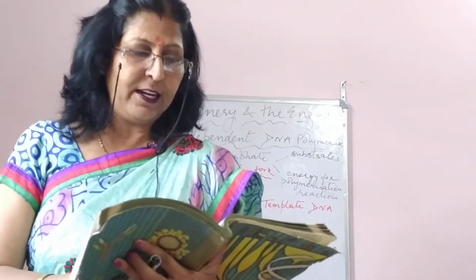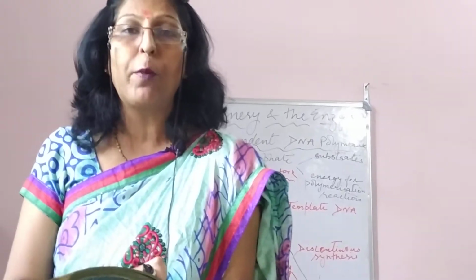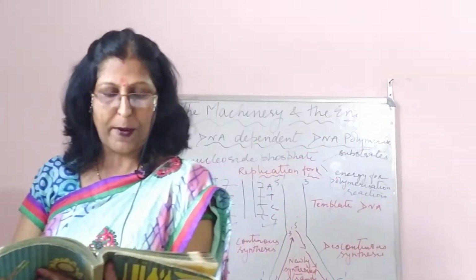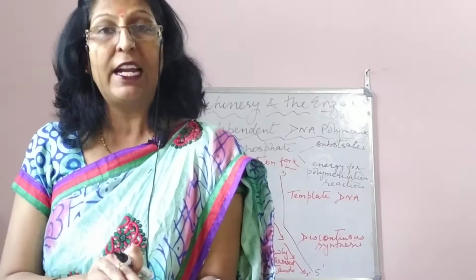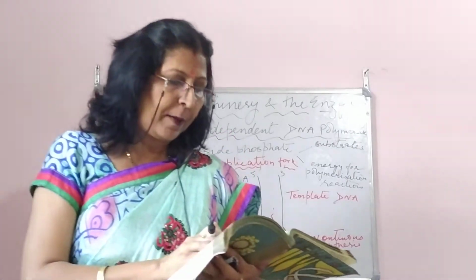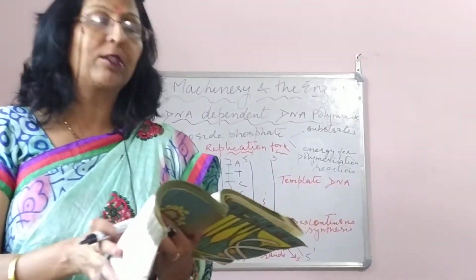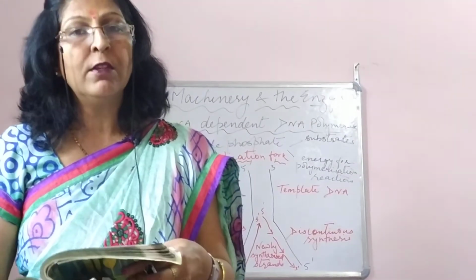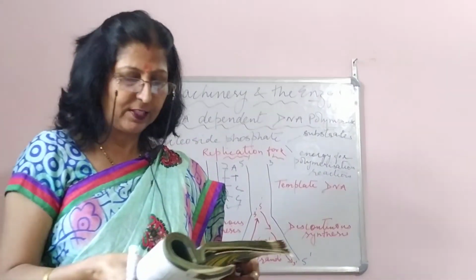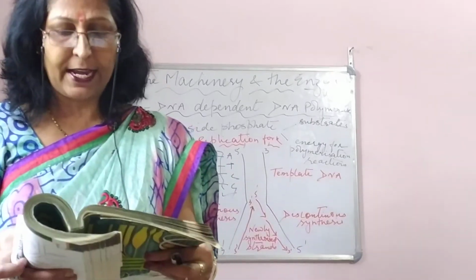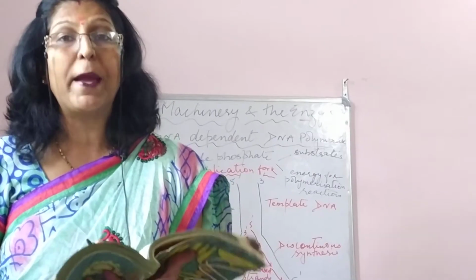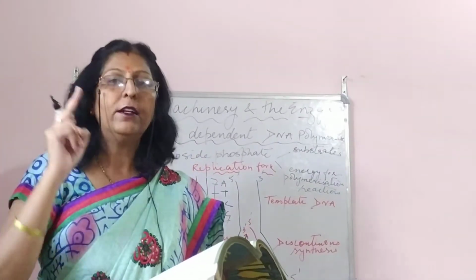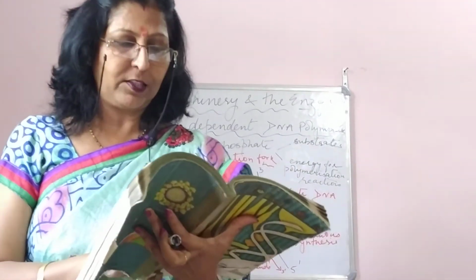Here it says that E. coli has only 4.6 into 10 to the power 6 base pairs, while a human cell, which has diploid content, has 6.6 into 10 to the power 9 base pairs, and E. coli completes the process of replication within 38 minutes. So what will the average be? The average rate of polymerization will be about 2000 base pairs per second. That means in one second there should be the capacity to make 2000 base pairs.